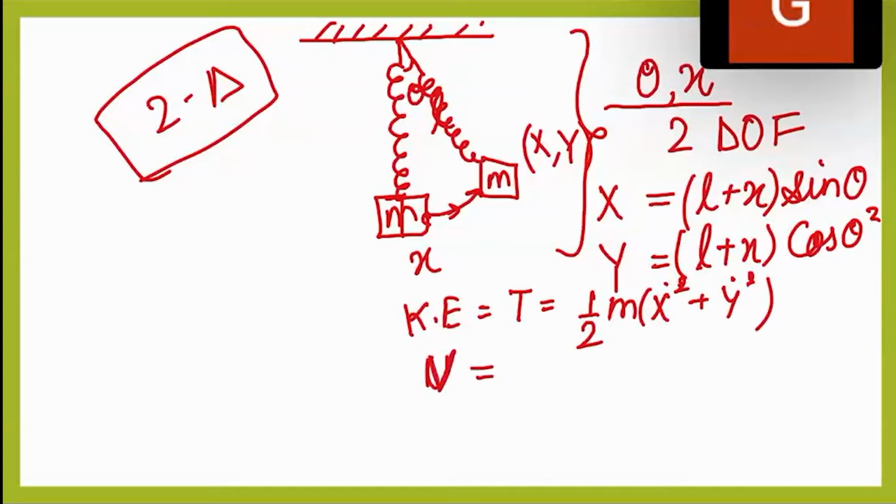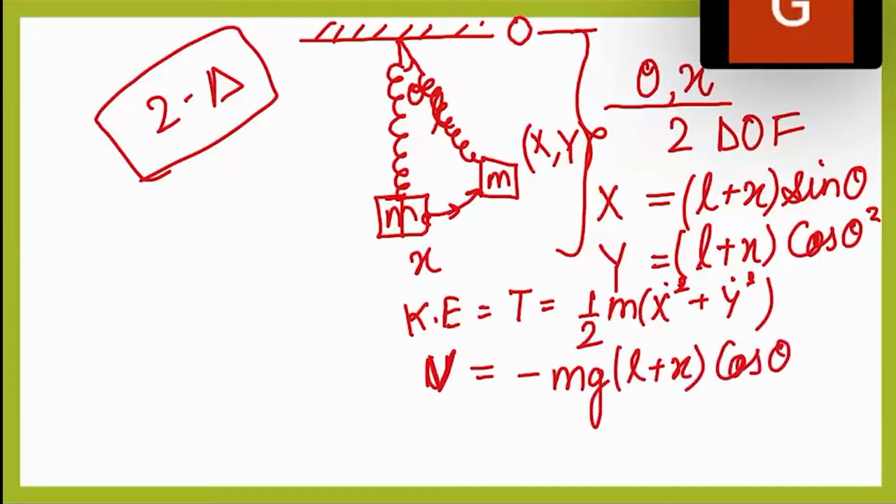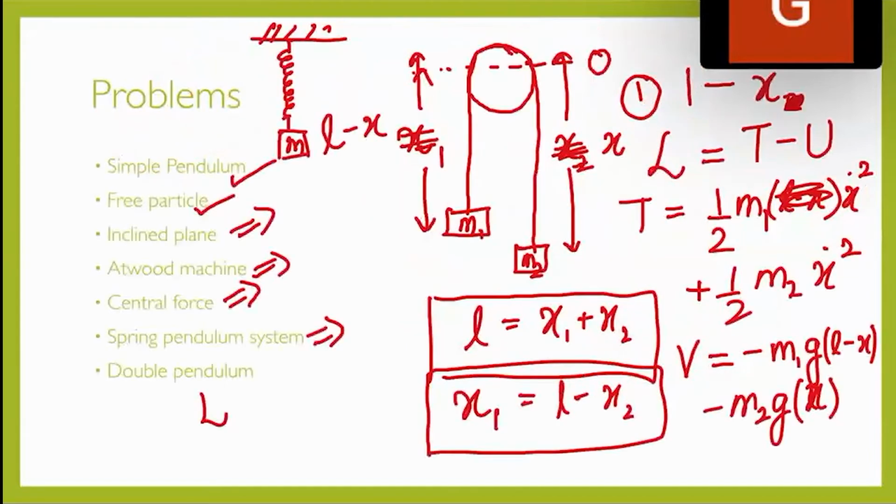If I take this as my reference point, V will be minus mg capital Y, which is minus mg (L plus x) cos theta. Now you know what T is, what V is, and you can find the equation of motion using the Euler-Lagrange equation. So these are all the problems that we will be taking.